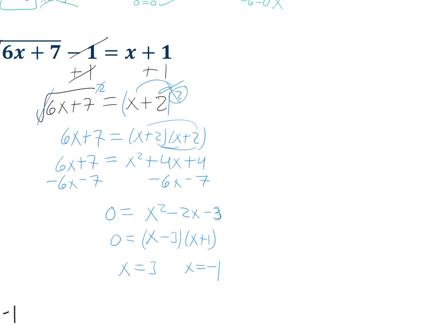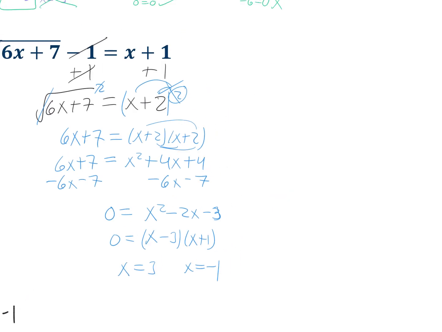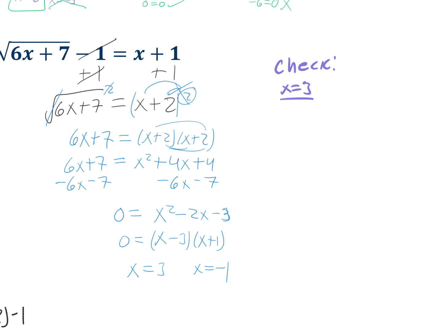Now, like before, you want to check. I'll write the check up here. So let's check x equals 3. We should get the square root of 6 times 3 plus 7, minus 1 equals 3 plus 1. 6 times 3 is 18, 18 plus 7 is 25, and 3 plus 1 is 4.